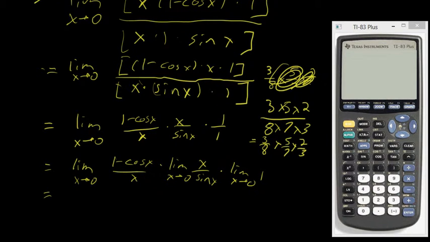And we know the first limit is 0. The second is the limit as x tends to 0 of 1 over sine x over x. And of course, the limit of 1 is just 1.